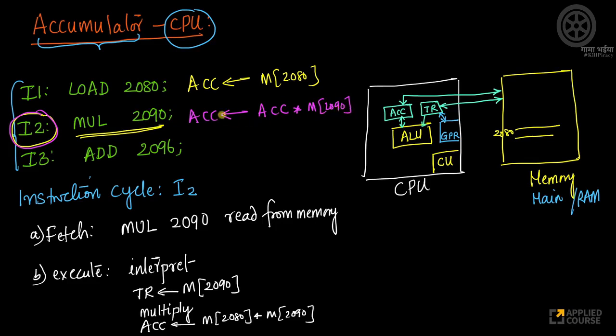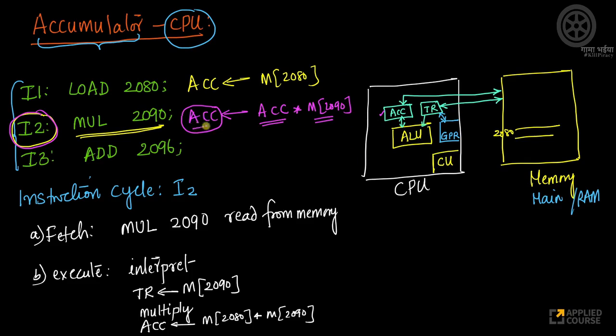It performs the arithmetic operation of multiplication on the value stored in the accumulator and the value stored at memory address 2090, and stores the result in the accumulator. In this CPU architecture, there is only one accumulator. There are other accumulator CPUs where you could have multiple accumulators. Let's talk about the simplest case first.